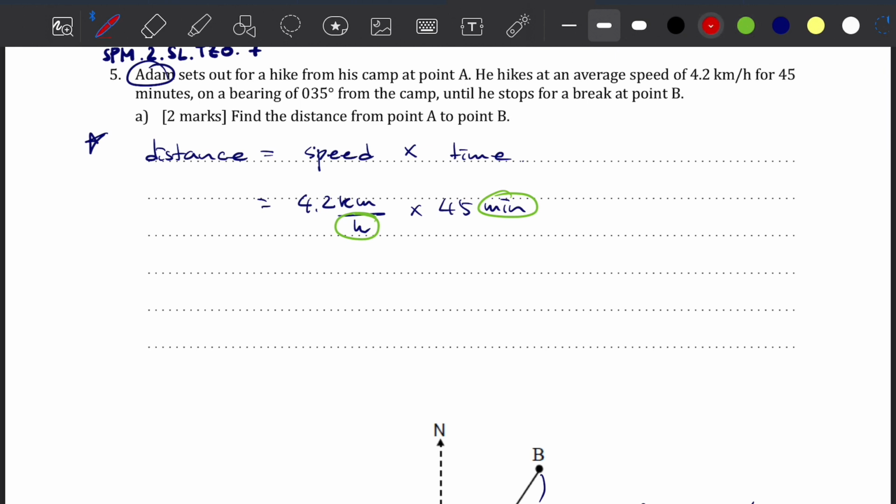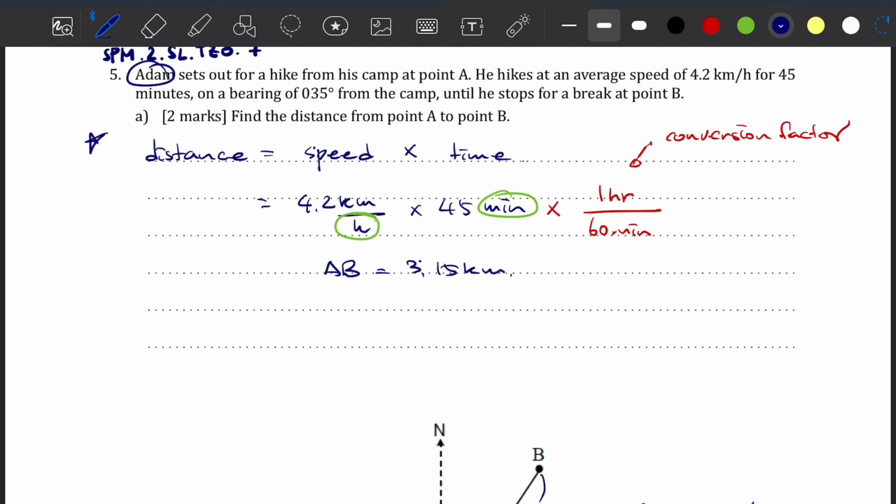So we need to convert that time to hours by multiplying by the conversion factor, every 1 hour has 60 minutes, right? So when you do this, you get AB, the distance, equals 3.15 kilometers.